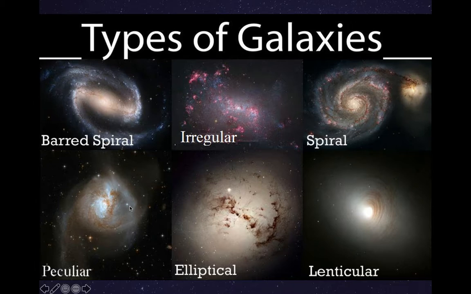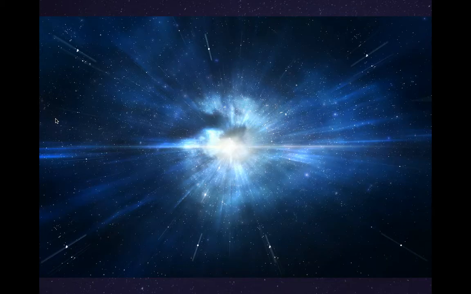These ones we're a little bit less familiar with, but the top three are pretty common. There can be globular clusters that are like a sphere, and they hold 100,000 or more stars, and just all kinds of different galaxies.